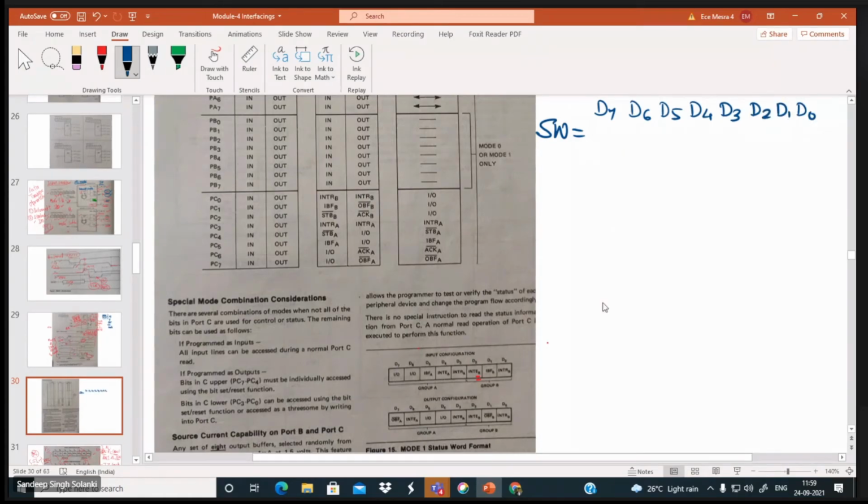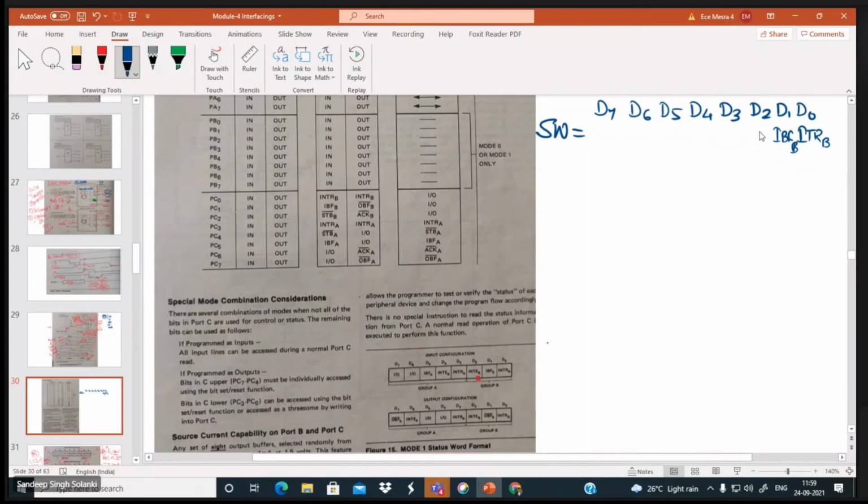And what does this status word say? This D0 is your INTR B. This says IBFB.